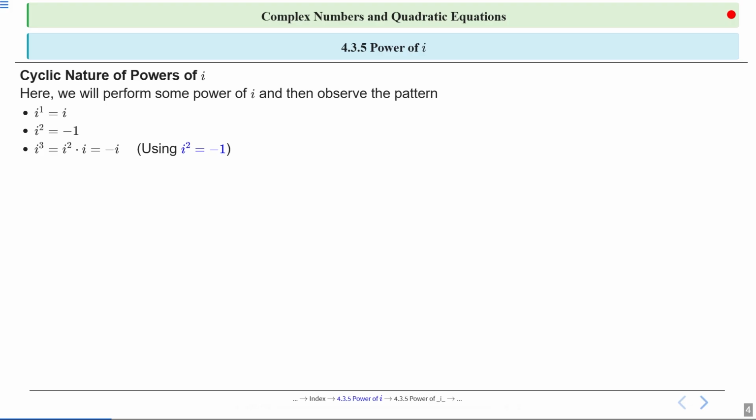Then we will find iota to the power 3. Iota to the power 3 equals iota square times iota, which equals minus iota, since iota square is equal to -1.